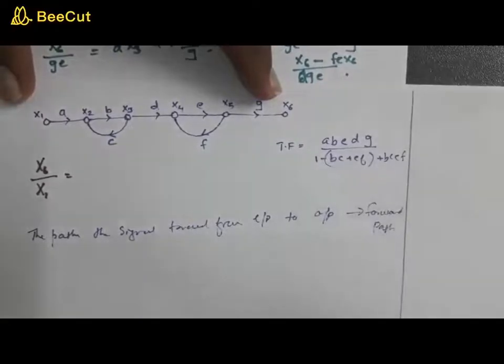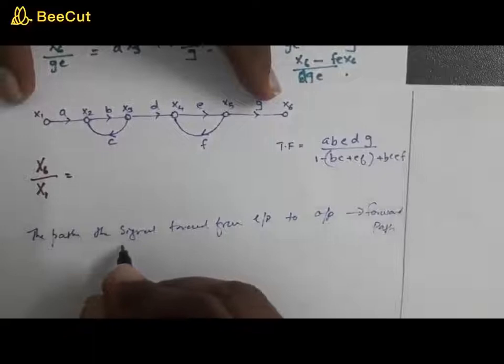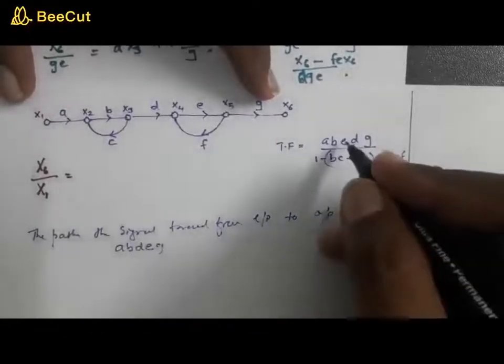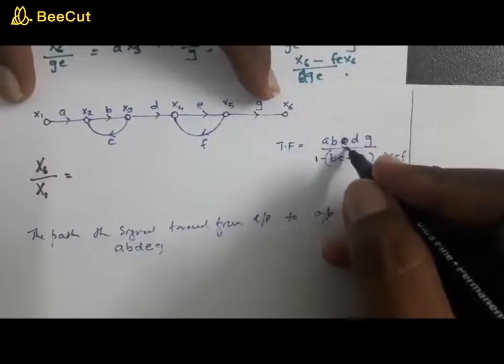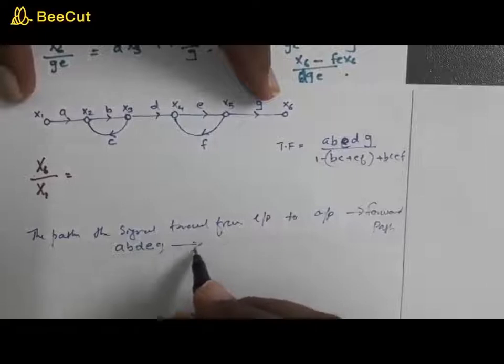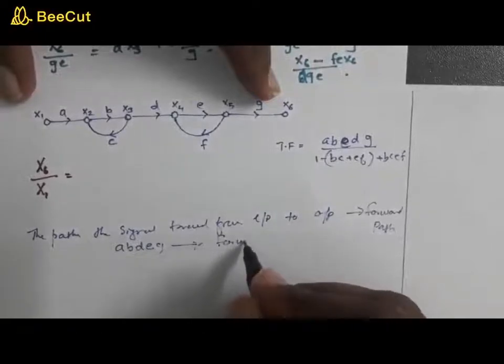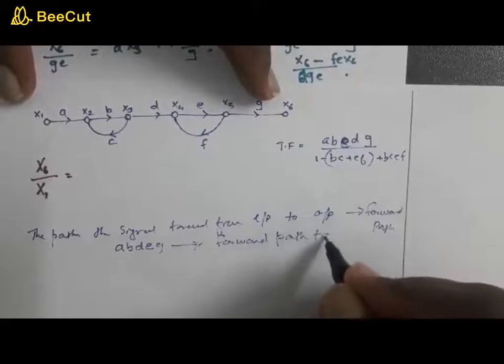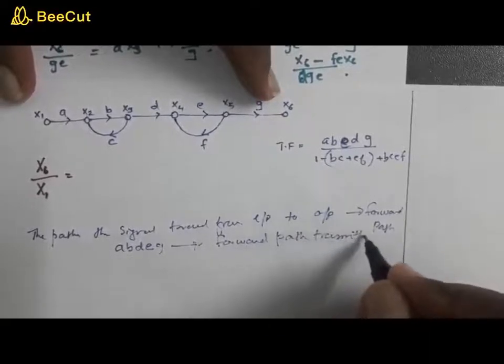That is called a forward path. So this A, B, D, E, G. This is not C, it is E. A, B, D, E, G is called the forward path transmittance. Forward path transmittance. Hope you got what this forward path is.